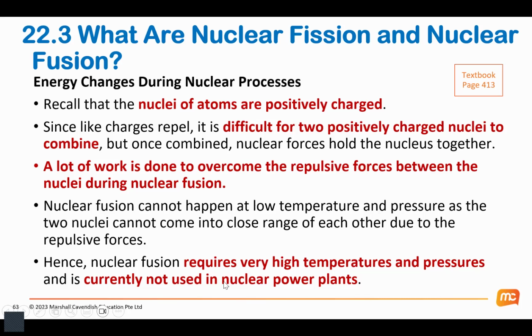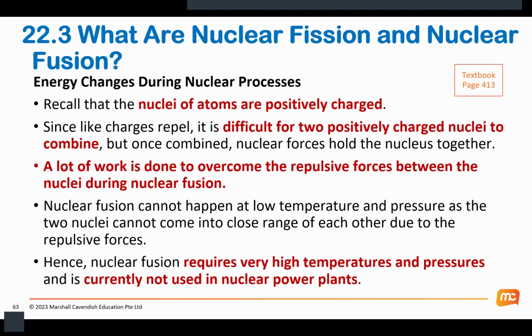Sad to say, we cannot produce that amount of high temperature and pressure to force two positively charged nuclei to come together on Earth much. So it's currently not used in nuclear power plants. In order to get them to fuse together, very high temperature and pressure is required.